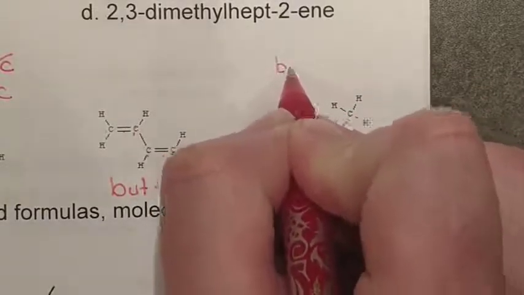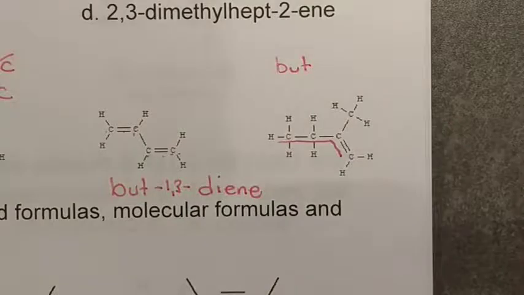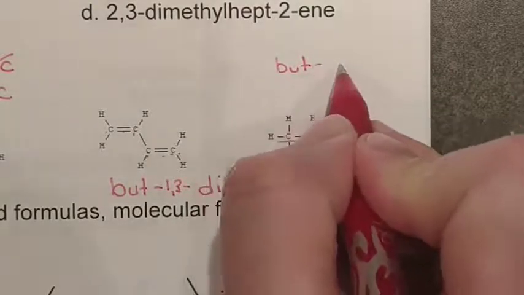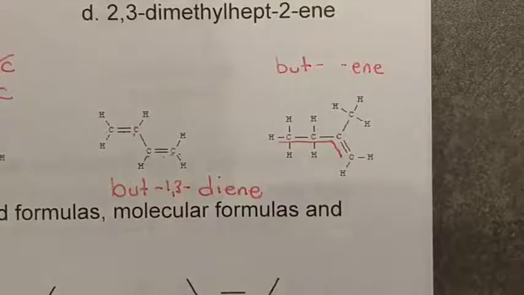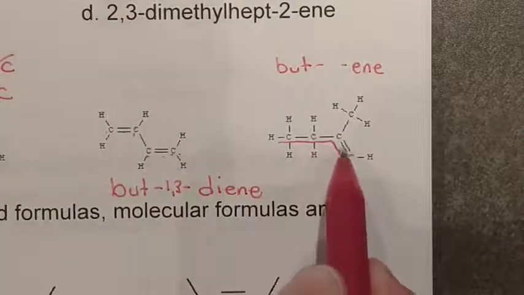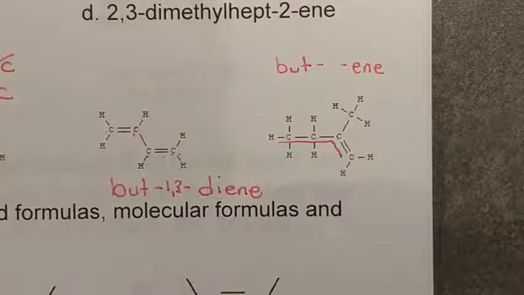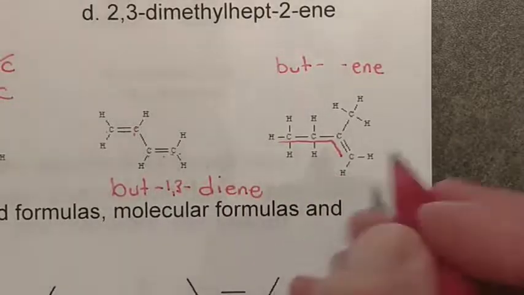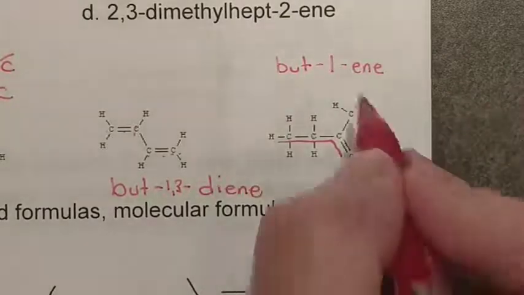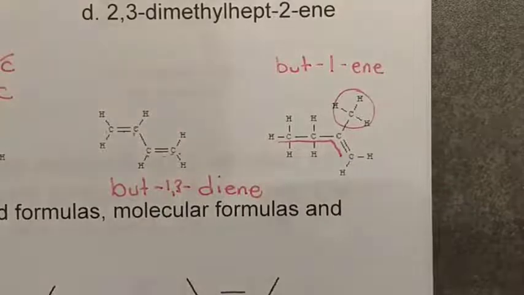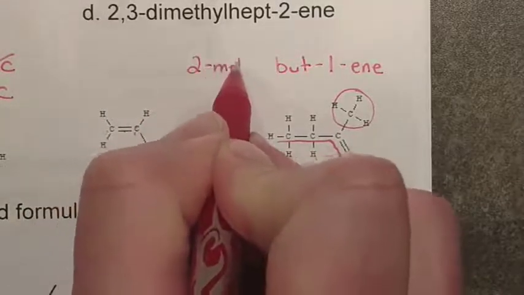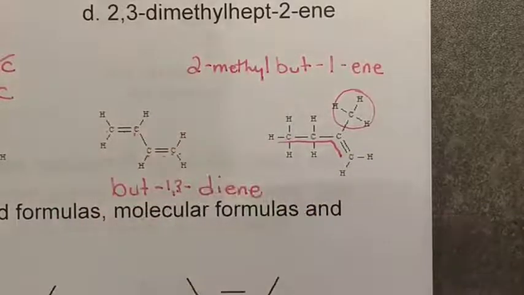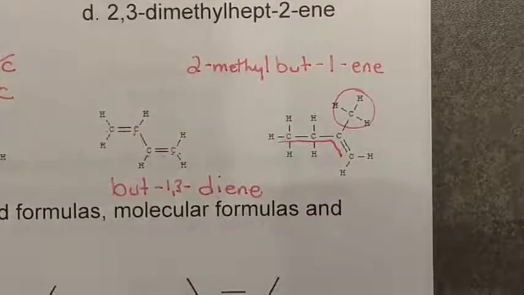So this is but, and it is going to have an ene suffix. There's a couple of different places I could put the double bond to change the numbers, so I must use the number here. Okay, and so this is but-1-ene, and then we have this methyl group hanging out here at carbon 2. So there's your 2-methylbut-1-ene.